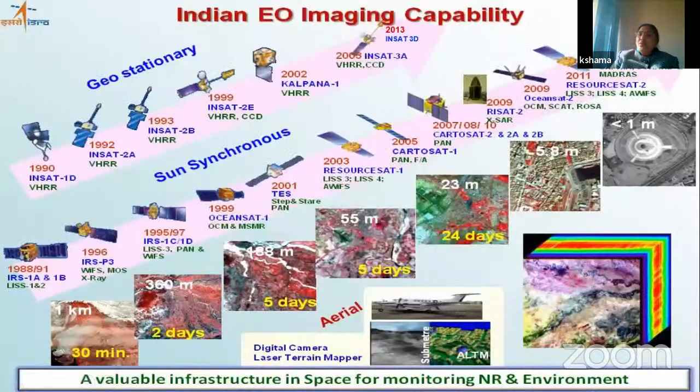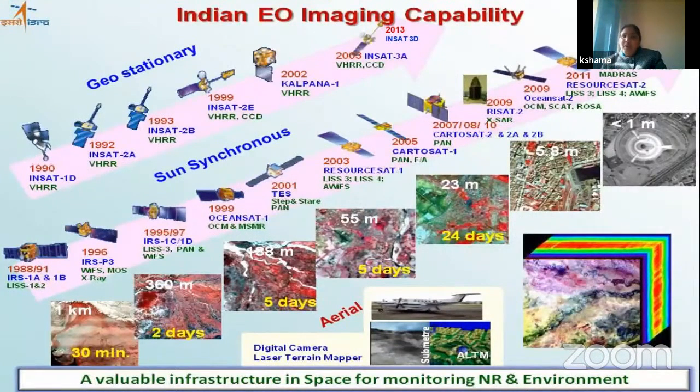Now, if we talk about remote sensing data, India itself has a big constellation of satellites. From the very start, the first satellite was in 1975, although that was an experimental satellite; in 1988 and 91, the operational satellites started with IRS 1A, 1B. And now India has data of less than 30 centimeters also available.